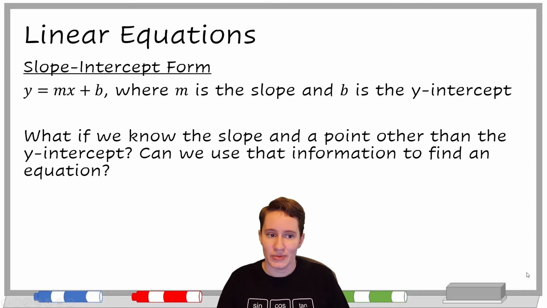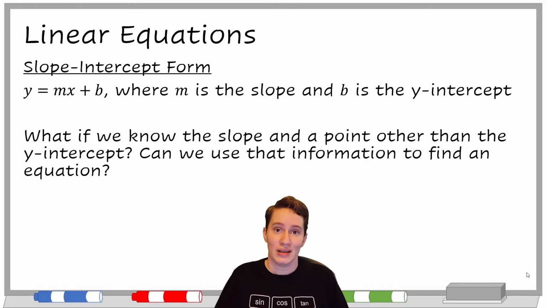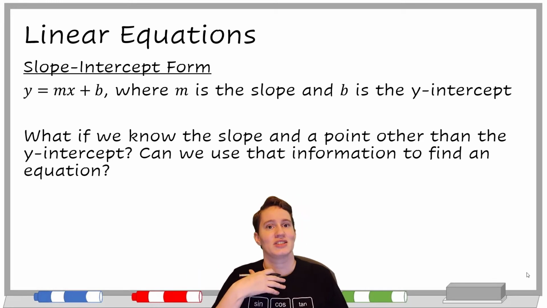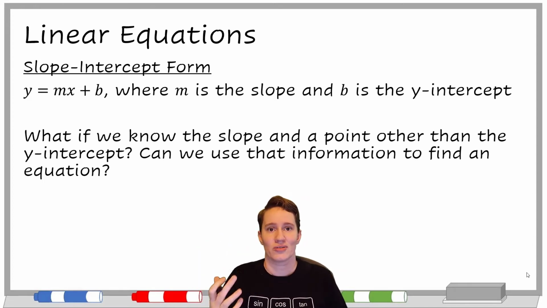So a recap of linear equations, we have this thing called slope-intercept form, which is super helpful because it's really easy to see what the slope and y-intercept of a line is when it's in slope-intercept form. It's whatever m and b are in this y equals mx plus b that we've got. So in 3.1, we looked at what if they basically just tell us what m and b are, either just outright or from a graph or even in a word problem.